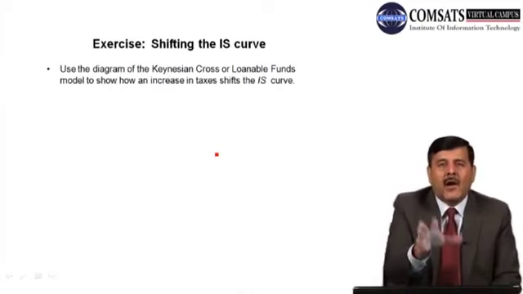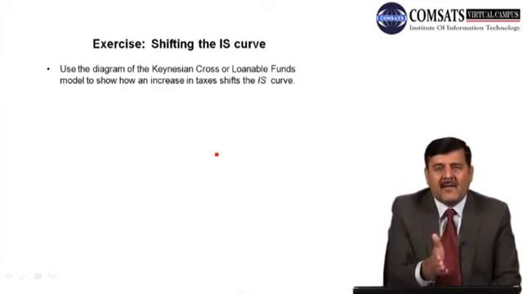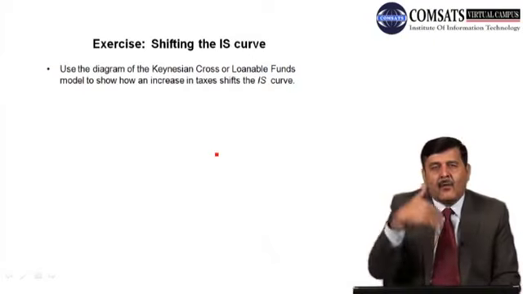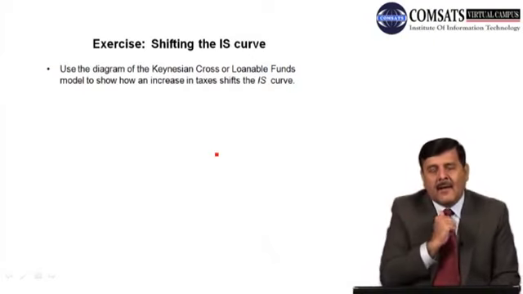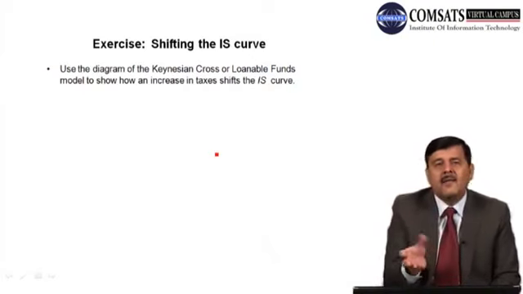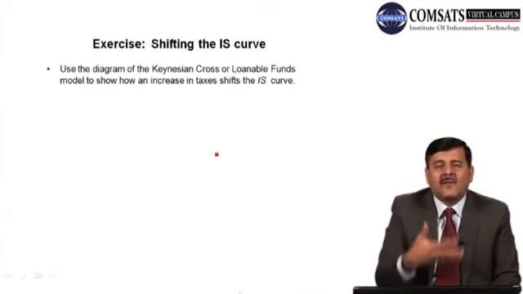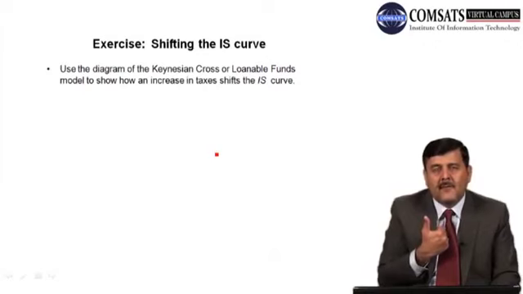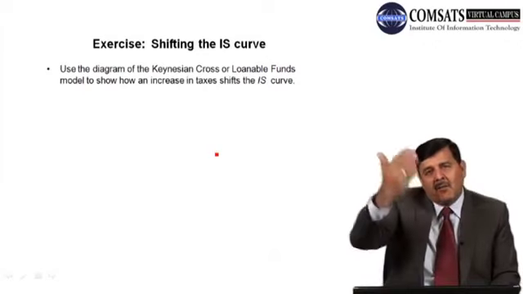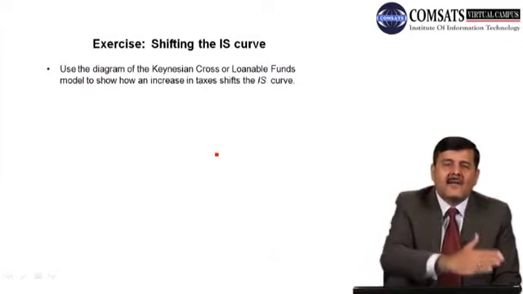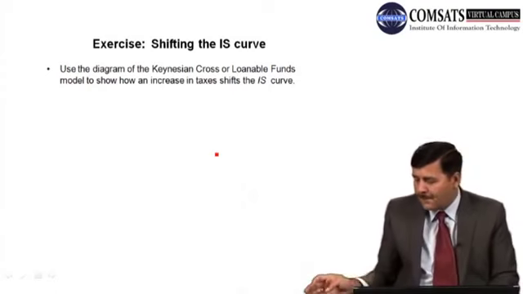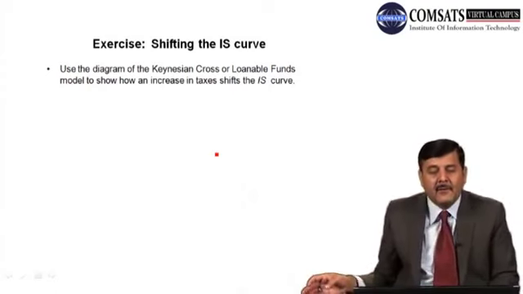What you are going to do at home is make the diagram and write it up: change the other variable, which is taxes, T, and see how this will shift the IS curve. If taxes decrease, or taxes increase, in which direction will the IS curve shift? This is the exercise for you.